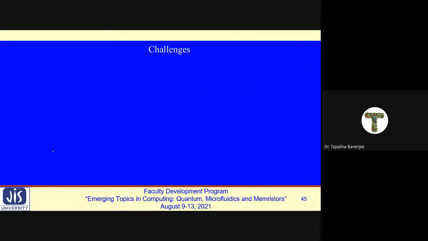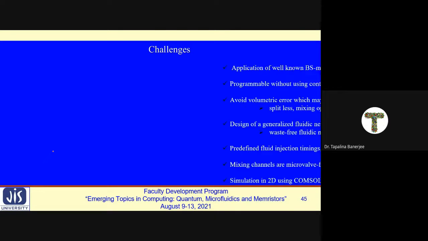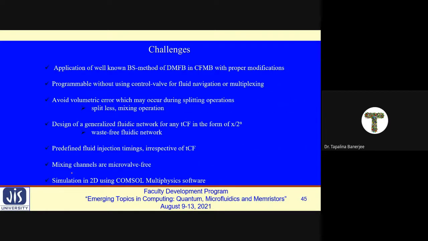So if we want to implement this concept in our continuous flow, what are the challenges that we have faced? At first, application of this well-known BS method in DFMB is CFMB with proper modifications.